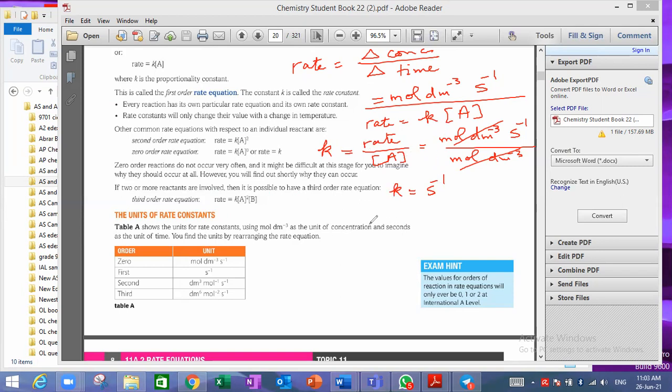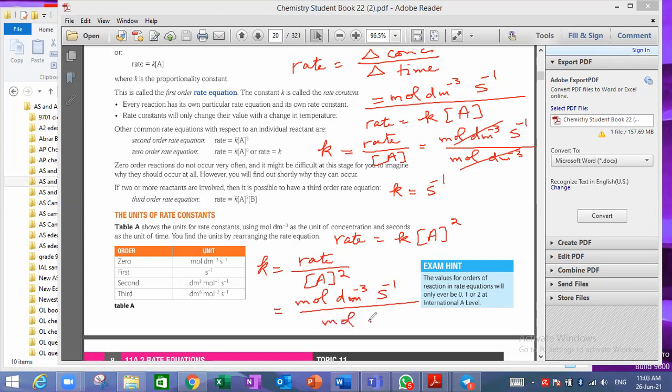Now, what happens if it is a second order reaction? We say that the rate equals K times A squared, or K times A times B. In both cases, we have a second order reaction. So the rate constant K equals rate divided by the concentration of A squared. The units will be mole per decimeter cube per second divided by mole per decimeter cube squared.